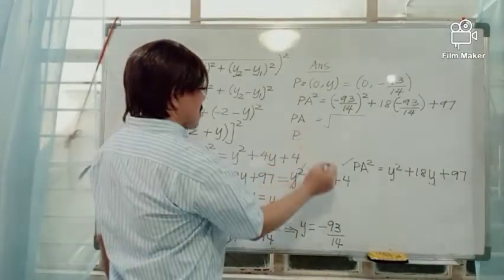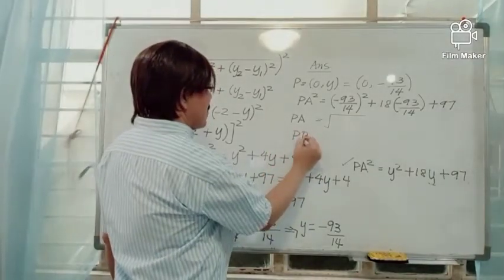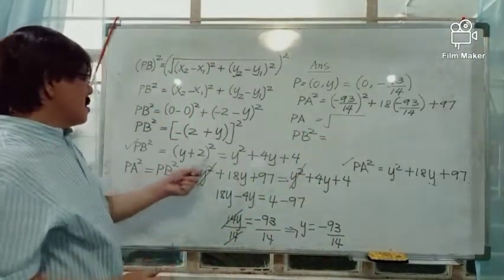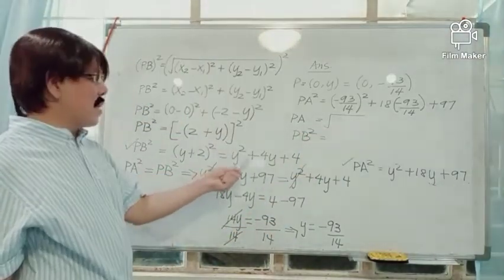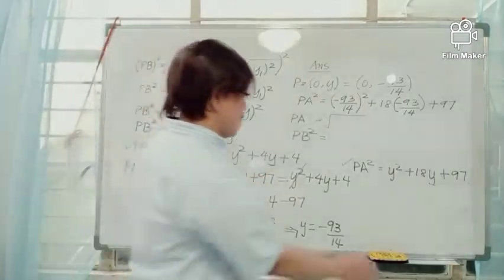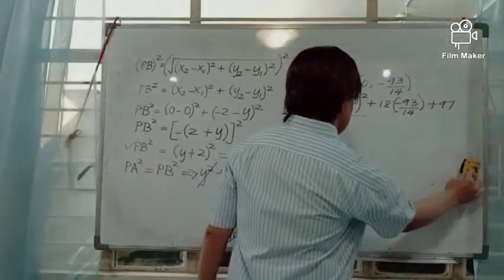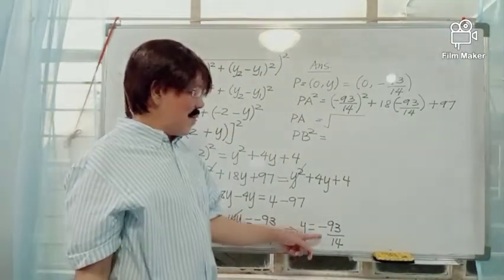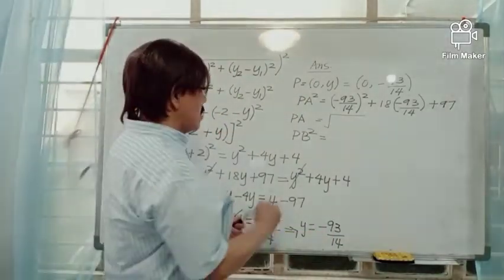The square of the distance between the points P and B is given by y squared plus 4y plus 4, where the value of y is negative 93 over 14.